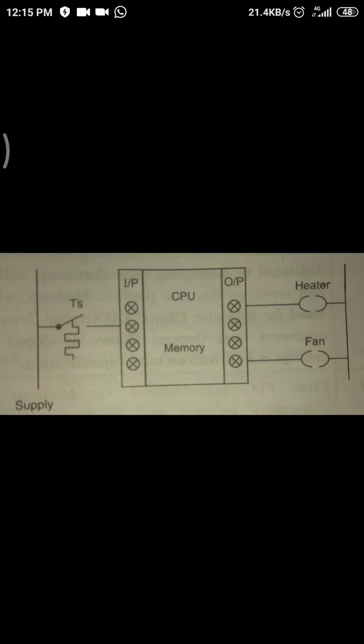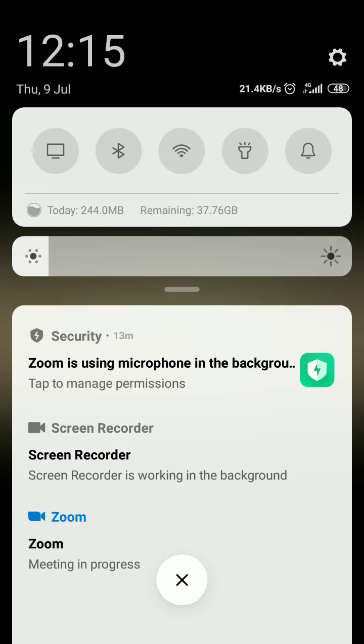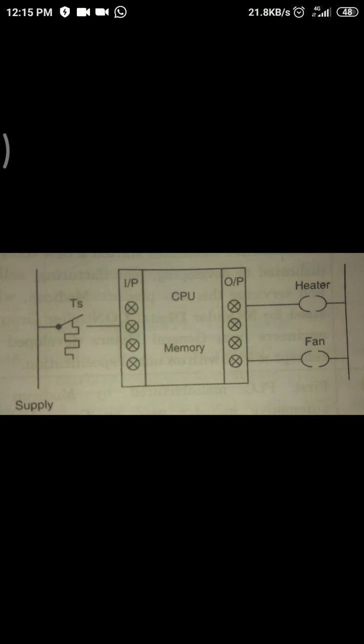What is the need of PLC? This is the first question. What is the use of, or the need of PLC? The most important thing is that the PLC constantly monitors the state of the system through input devices and generates the control action according to the given logic in the user program.